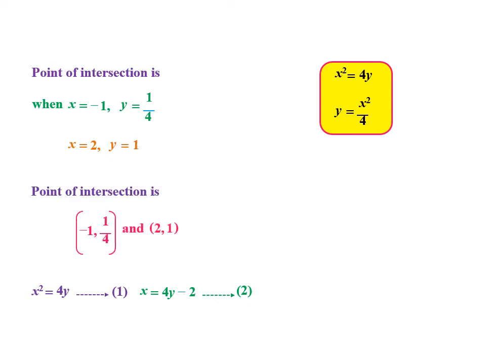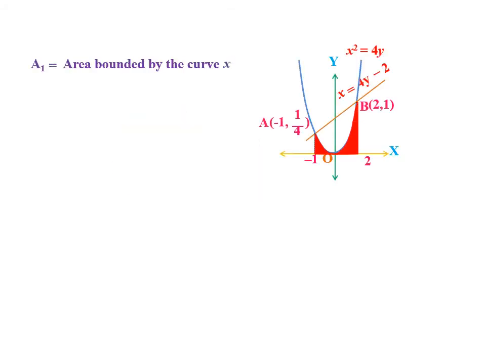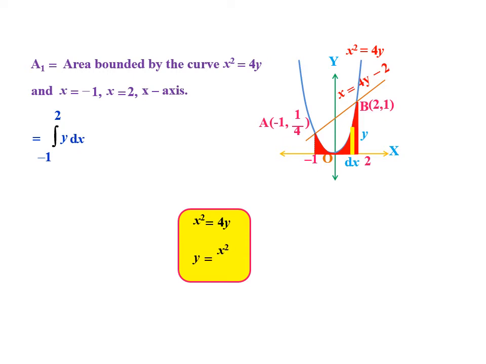So the points of intersection are... Okay, so further, we can see that the area bounded by the curve x square is equal to 4y, and x is equal to minus 1, x is equal to 2 and the x-axis is given by the integral from minus 1 to 2 of y dx.